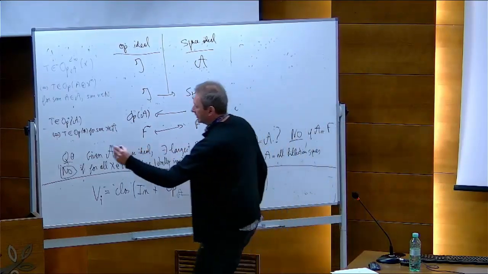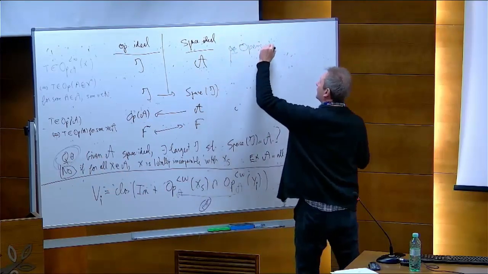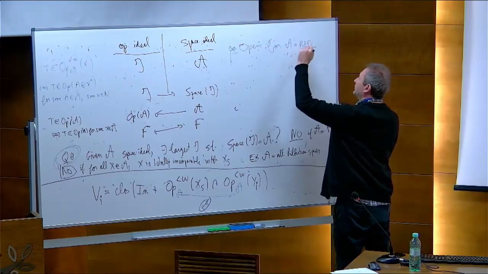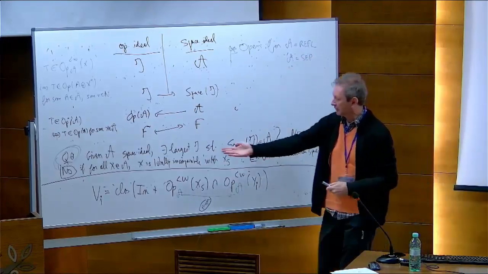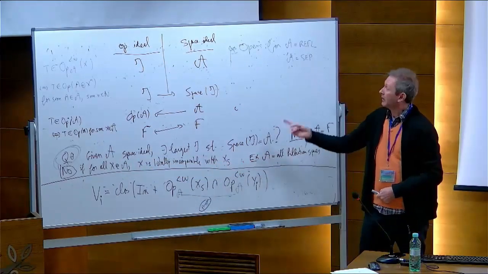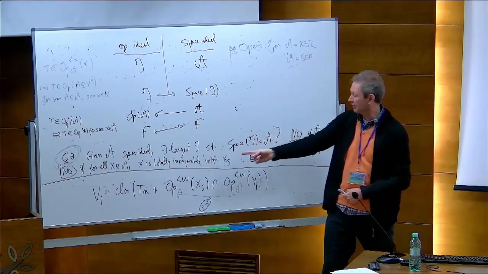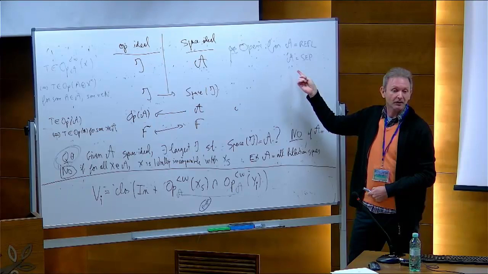This question is still open, as far as I know, for the space ideal of reflexive spaces or for the space ideal of separable spaces. Of course, you cannot use this criterion here because XS is reflexive and separable. And so if you want to solve this, you need a non-reflexive version of XS, or for separable, a non-separable version of XS, but which should still be somewhat universal.